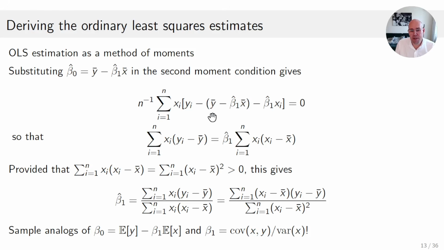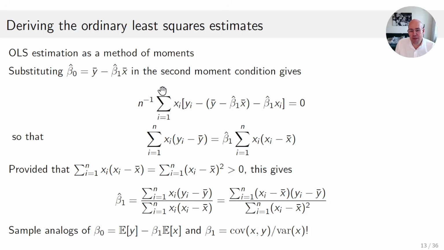Well, here I'm going to substitute now y bar minus beta 1 hat x bar, which stands for this intercept term that I had before, beta naught hat, minus, and this is what I had before, beta 1 hat xi.